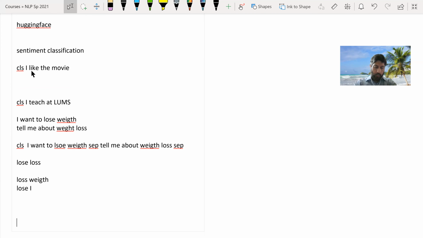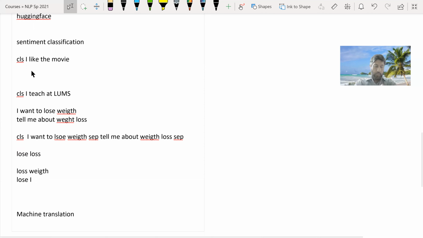Okay, now let's talk about machine translation. Machine translation, as the name suggests, is the task of converting running text from one language to another language.